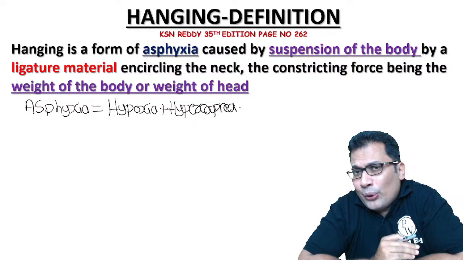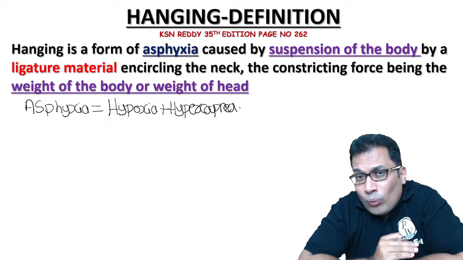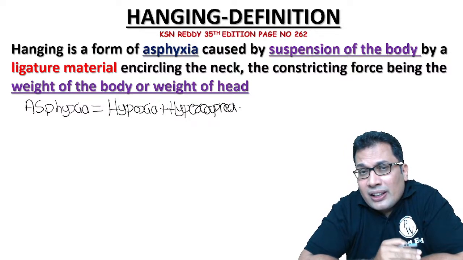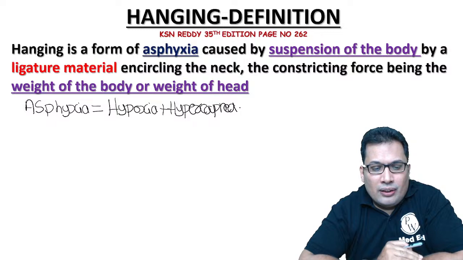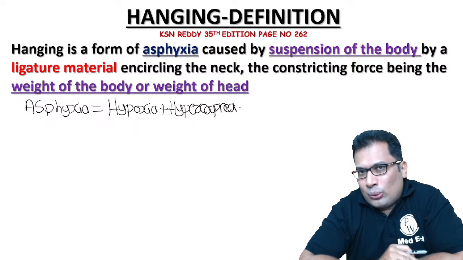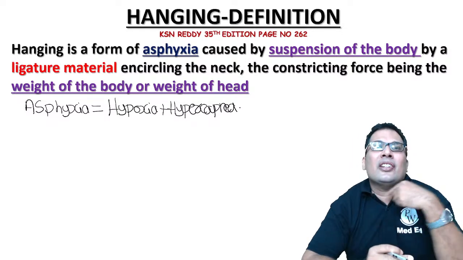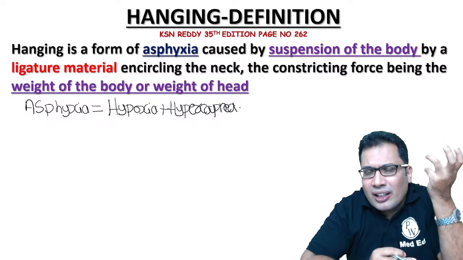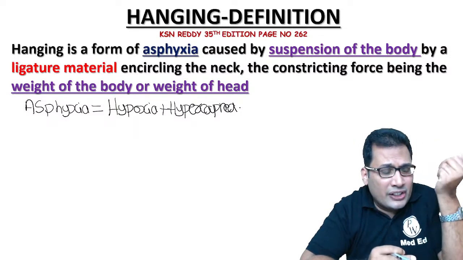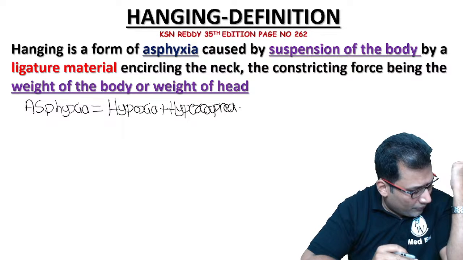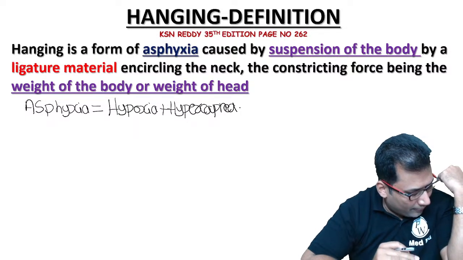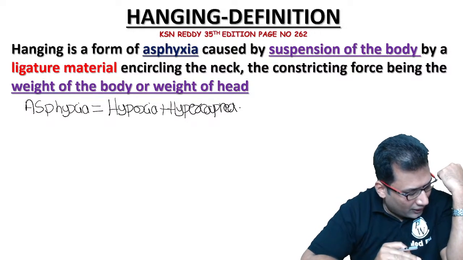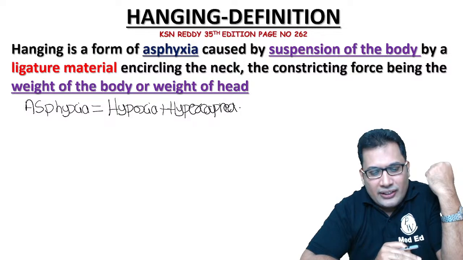Cyanosis is a very important finding in hanging. Why? Because of decreased oxygen concentration. Then there can be hypercapnia also because of the constriction around the neck. The veins, arteries, trachea are all constricted, and because of that there can be asphyxia and death. Very good, Dharmena Yadav. You are attending class from Nepal, that is really nice.